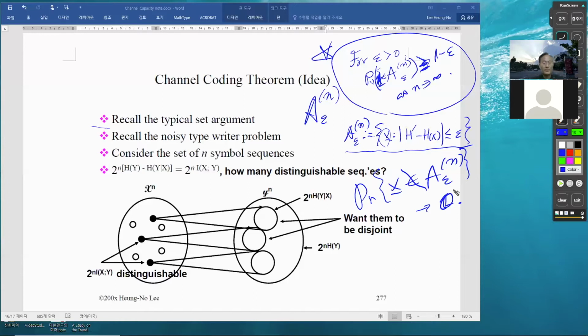Now apply this to the random variable y, conditioned upon an input.